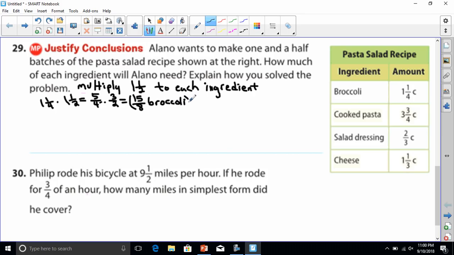All right, let's go for the next one. Next one I see is the cooked pasta. The cooked pasta is going to be 3 3/4. And we're going to multiply it by 1 1/2 again.